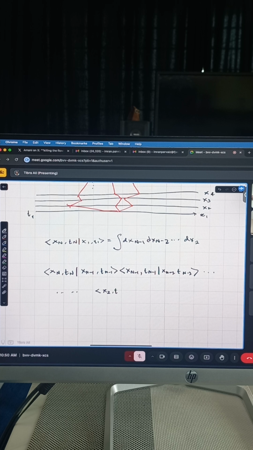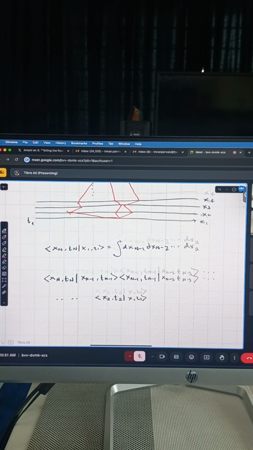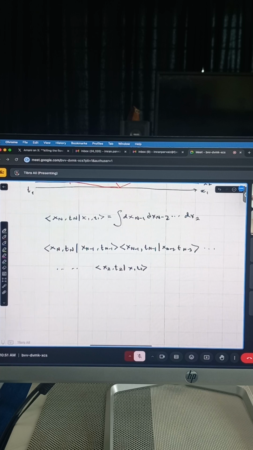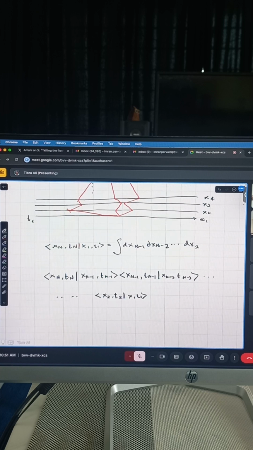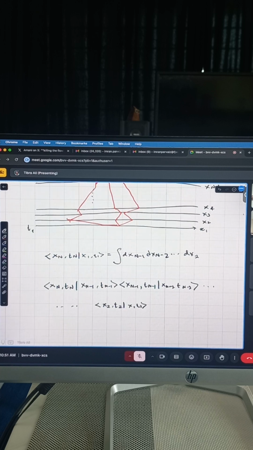So what Feynman said was that, suppose we take one of these paths.